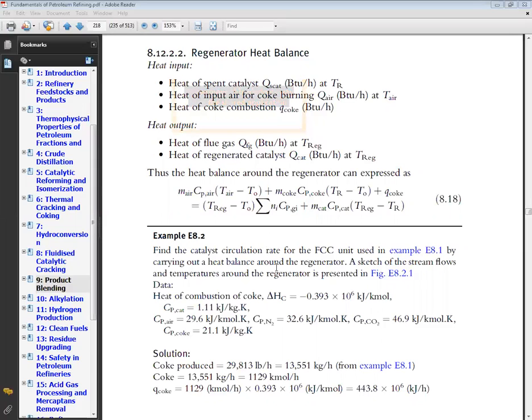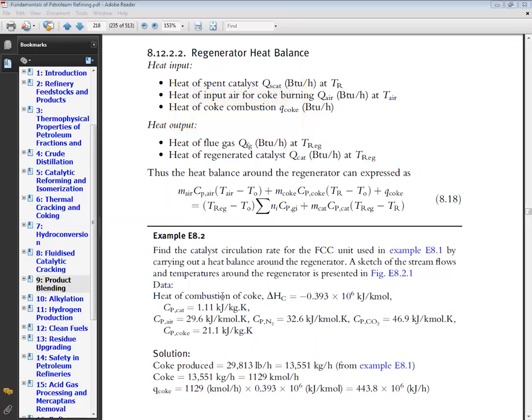For doing this calculation, we will use the heat balance formula. Please note down in your exercise book, we will use equation 8.18.